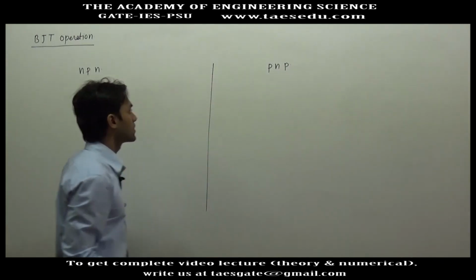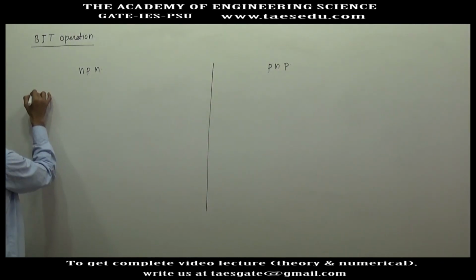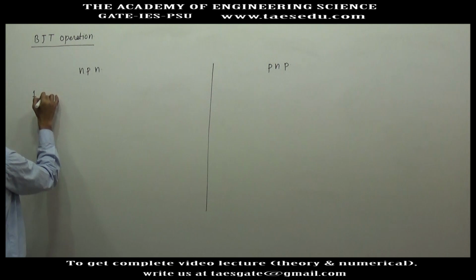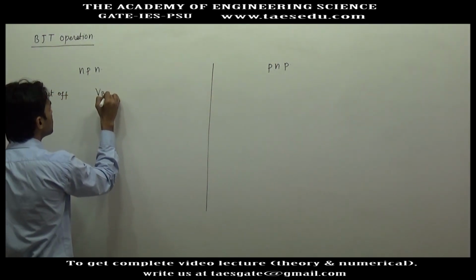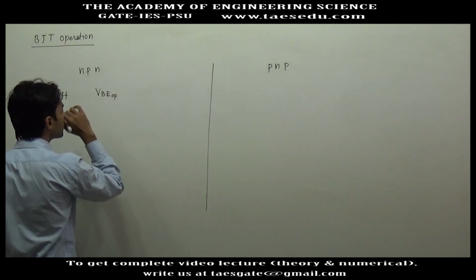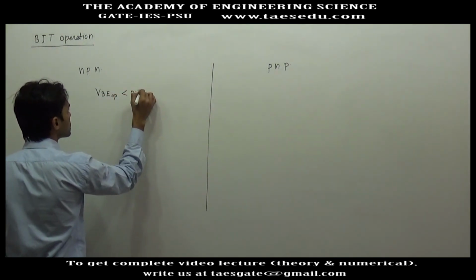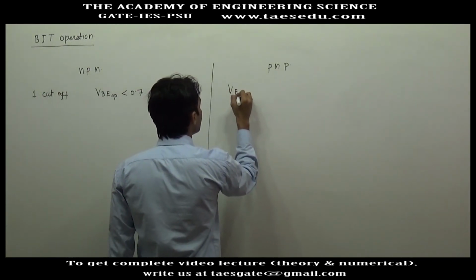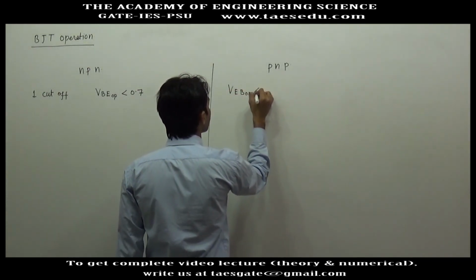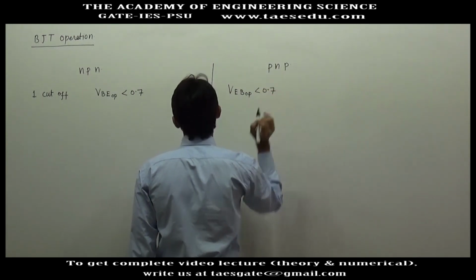Okay, so now we can summarize. For cutoff region, VBE open circuited is less than 0.7 volt. In case of PNP transistor, VEB open circuited will be less than 0.7 volt.